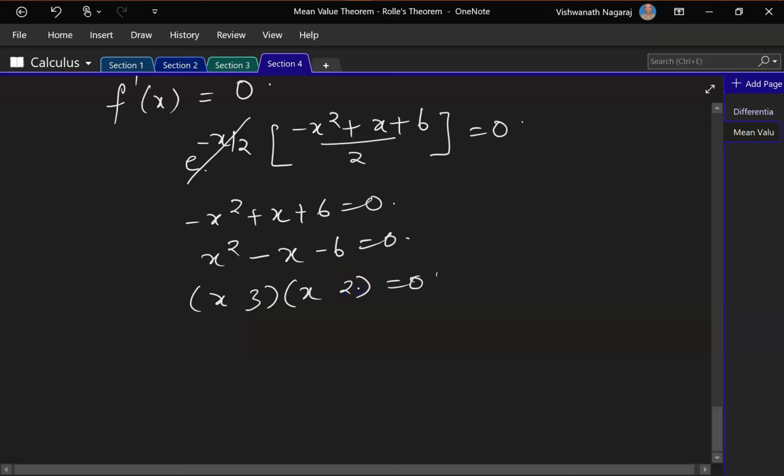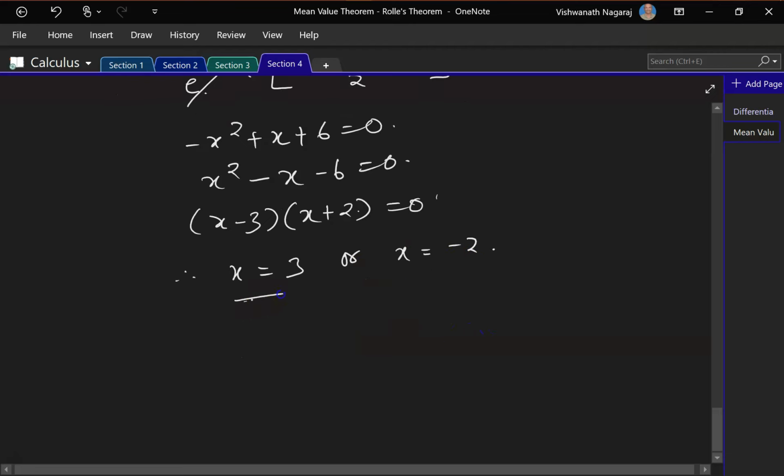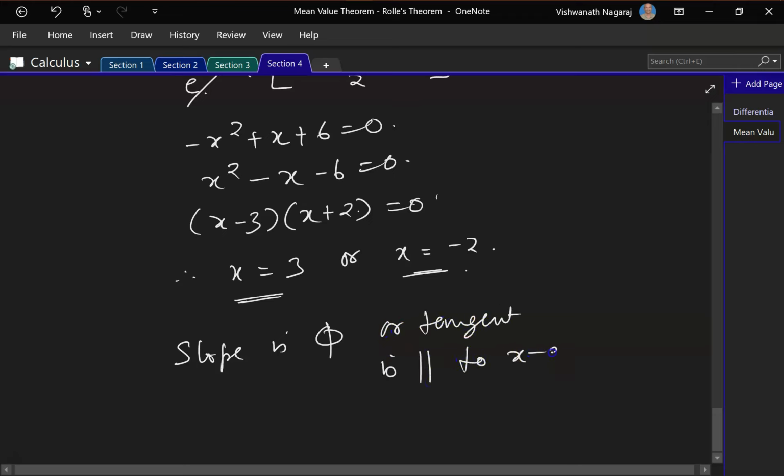So 3, 2. This is minus, so one of them has to be, the bigger one has to be minus. And this will be plus. Therefore, x equal to 3 or x equal to minus 2. So which means at these 2 points, the slope is 0 or tangent is parallel to x-axis, right?